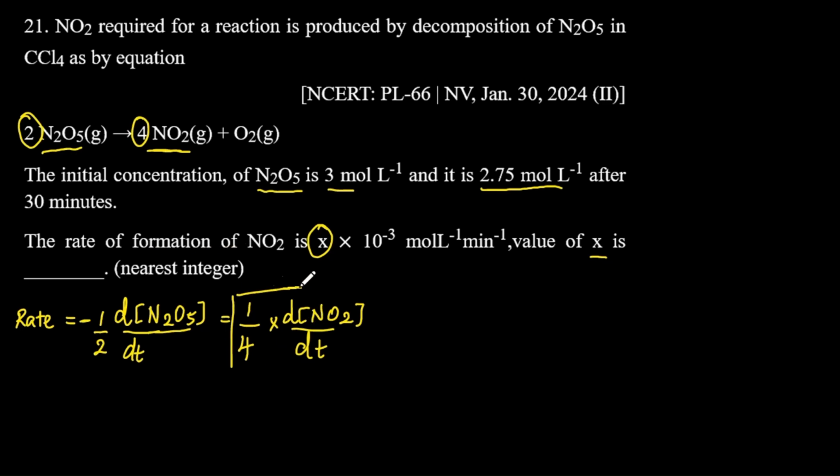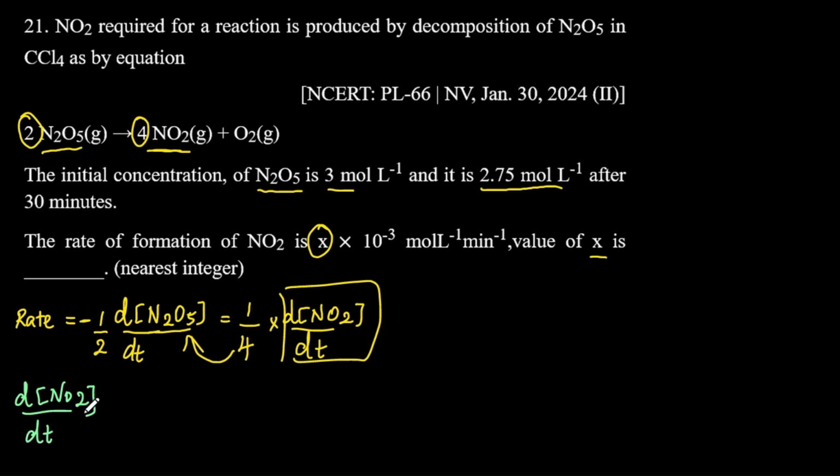We have the formula to find the rate of formation of NO2. So, let us rearrange it that way. Take this 4 to the left hand side. So, the rate of formation of NO2 is change in concentration of NO2 divided by change in time. This is equal to, taking the 4 to the other side, 4 into minus 1 by 2 into rate of change of concentration of N2O5 by the change in time.